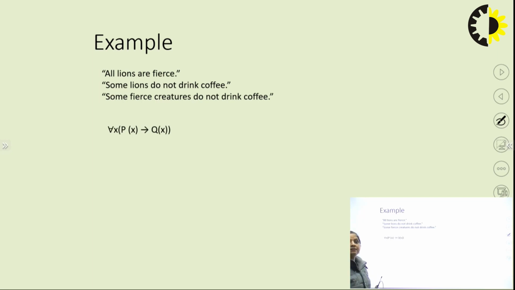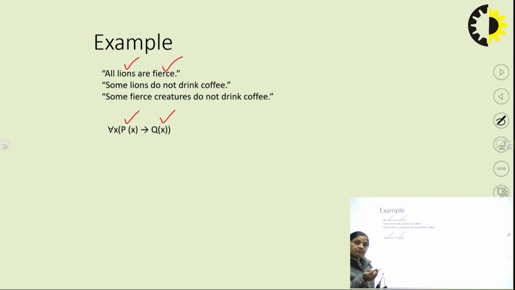So what is our first statement? All lions are fierce. When we say all lions are fierce, we are saying the predicates are true for all. Let Px say that x is a lion and Qx say that x is fierce.